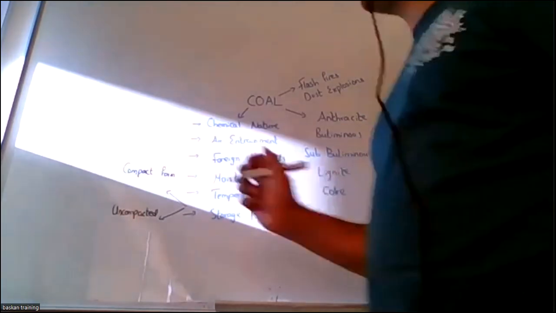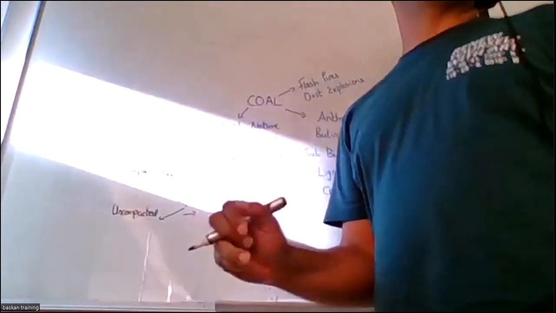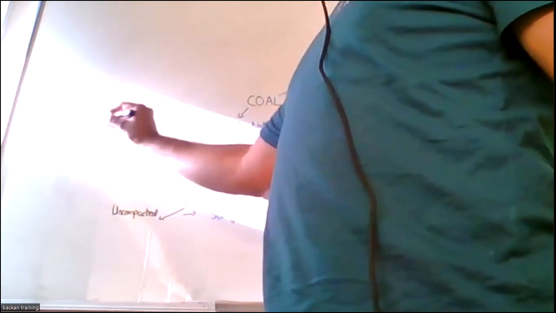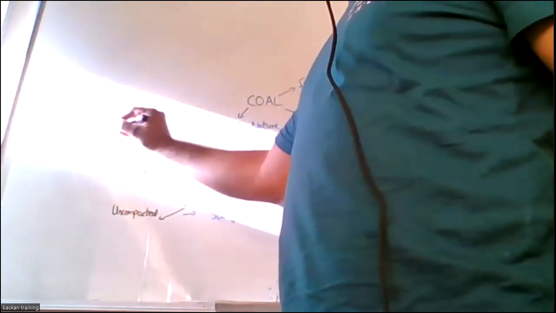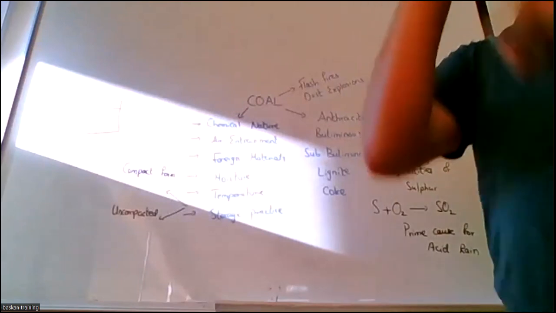So what is the compact form? In the compact form, we usually have coal that is stored inside a silo, crushed in the form of powder, and then it is stored in layers. That is the compacted form, meaning crushed into powder form. Then comes the uncompacted form.